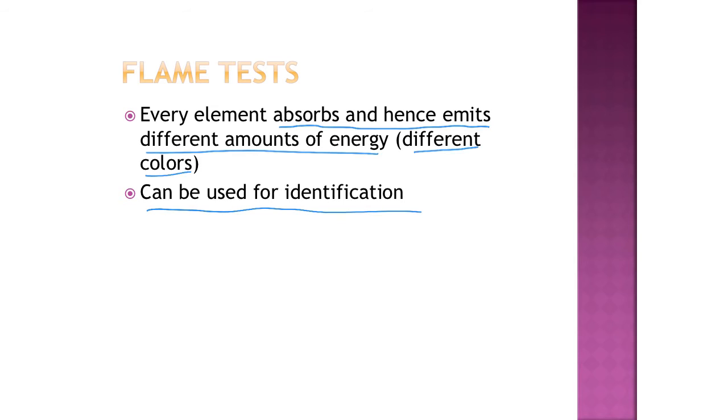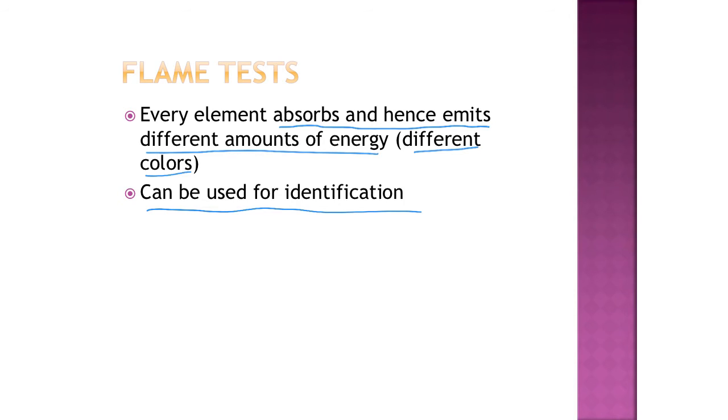Therefore, they can be used for identification. So for example, potassium makes a nice, pretty light purple color, and sodium burns with an orange flame. So you will get different colors for different elements, therefore it can be used for identification.